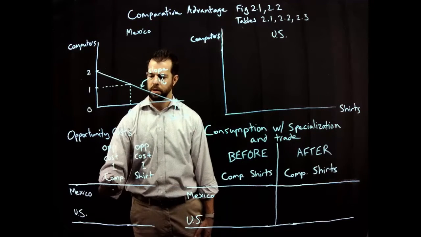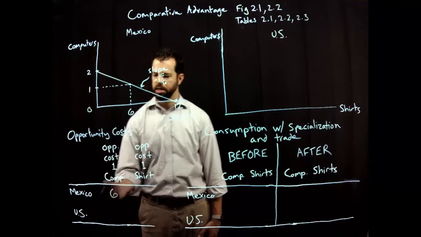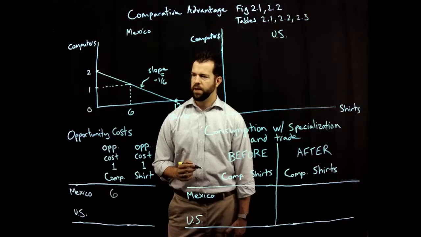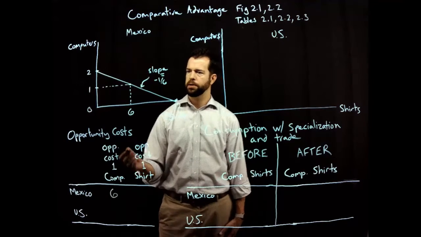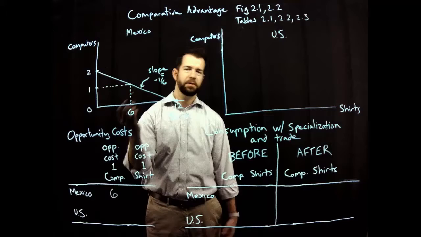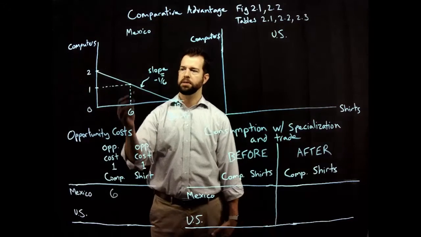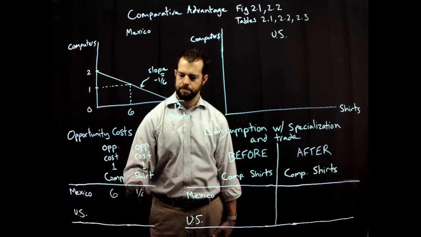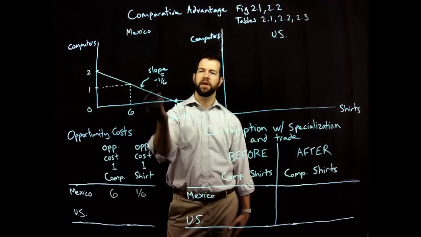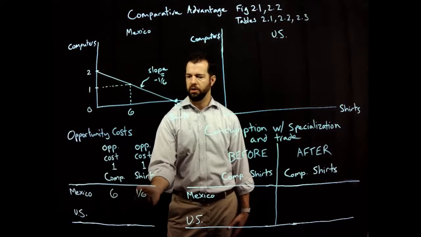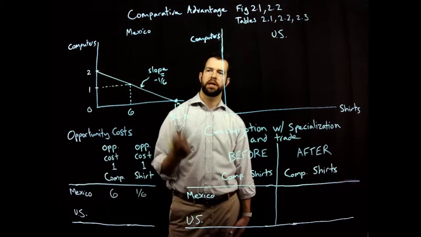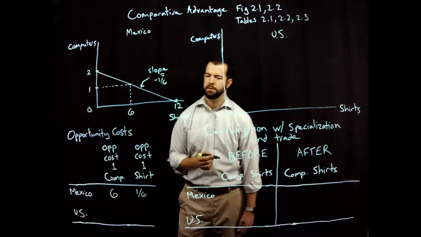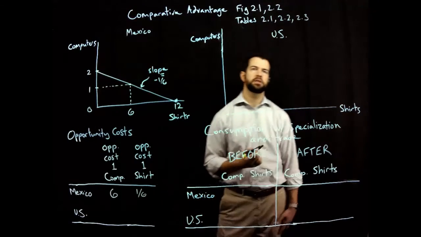So 1 computer is going to cost them 6 shirts. And if they make 1 shirt from this point, if you could somehow break this up, it would cost them 1/6 of a computer. So you can see how the opportunity cost of making a shirt is related to the slope of the production possibilities frontier.